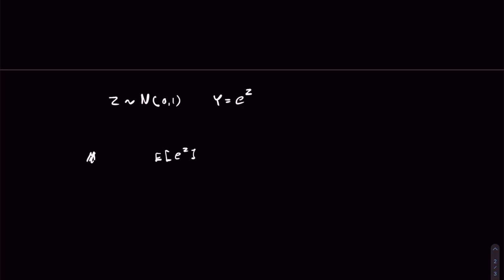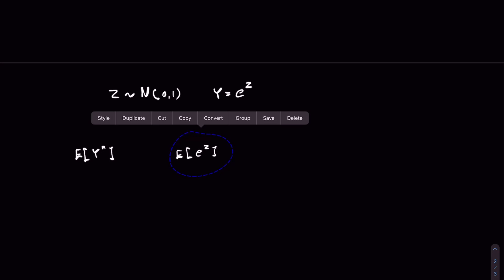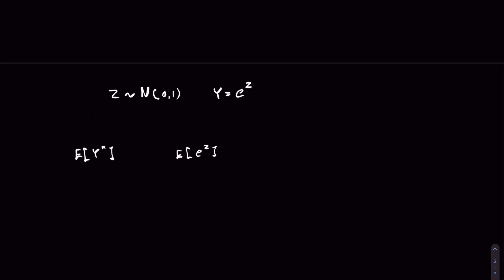Well, we'll just start with wanting the expectation of Y to the n, and now we're going to say that the nth moment of this log normal is equivalent to the nth moment of e to the Z. Okay, so let's just write down what this means by definition.